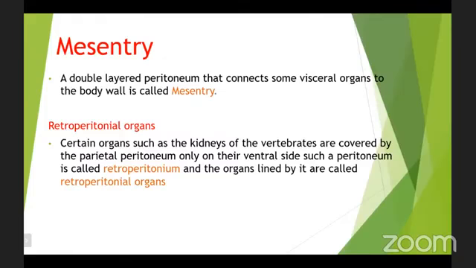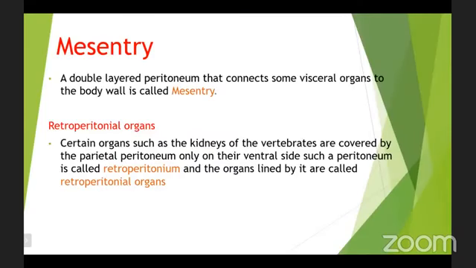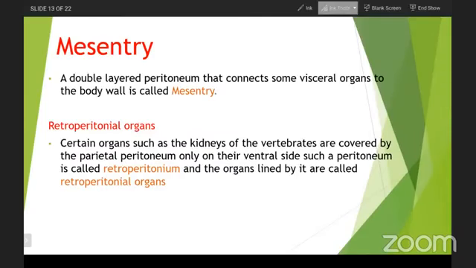And retroperitoneal organs. Retroperitoneal organs are very, very important for a 2 marks question in the exam.